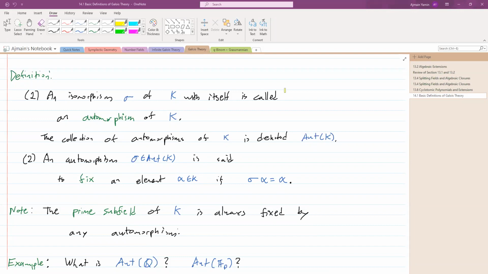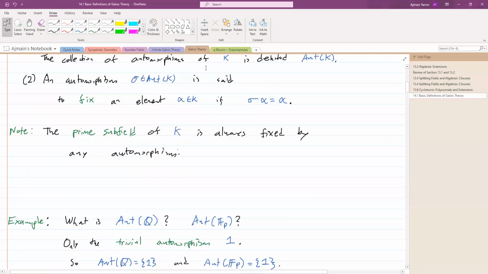But you can also have finite fields, and the prime subfield of a finite field is the field having p elements, p prime. Let me just do a tangent here.